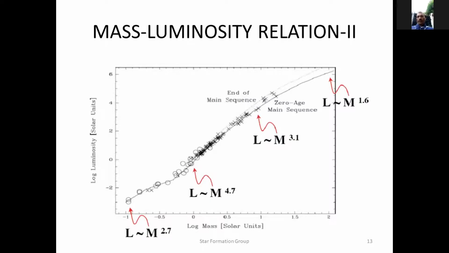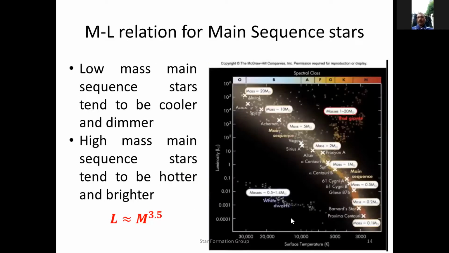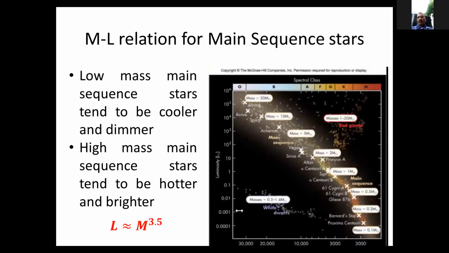This picture shows the relationship of absolute luminosity against the mass of the star. From the HR diagram, we know that the hotter the star is, the more luminous it is. And it is also true that a hot and luminous star is more massive too.